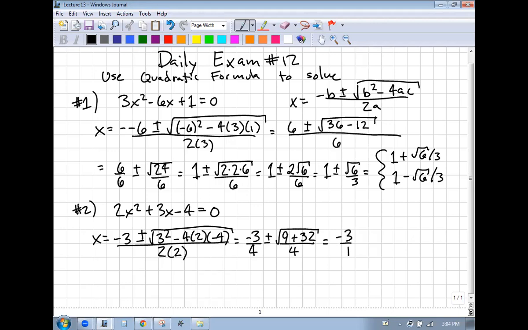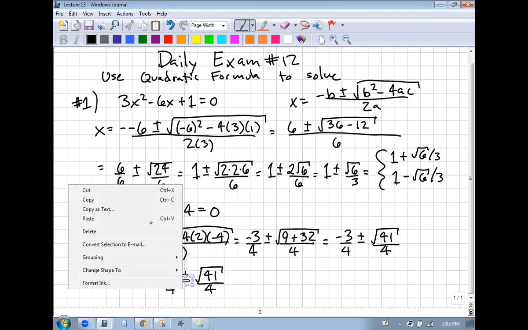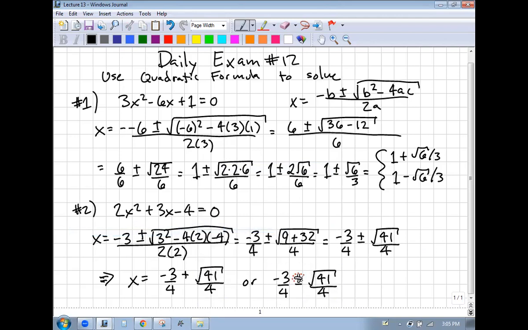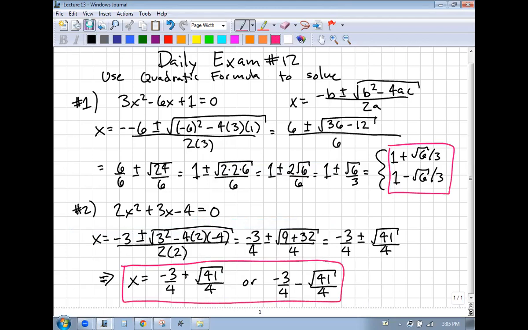We have negative 3/4 plus or minus the square root of 32 plus 9, which is 41, I think a prime number. So our two solutions, x is either this for the plus or this for the minus. I'll box our answers. Any questions?